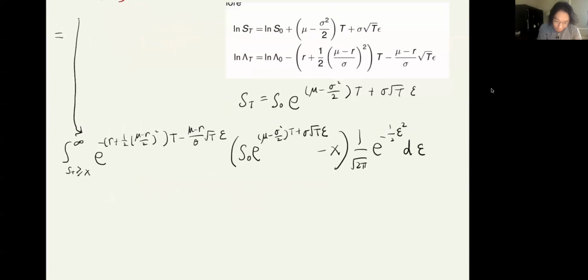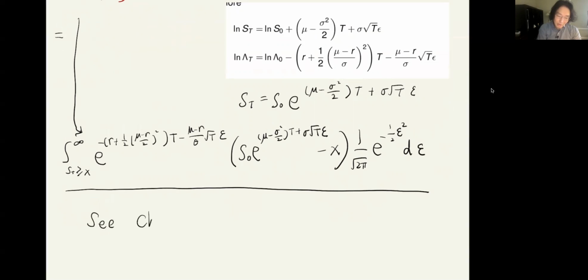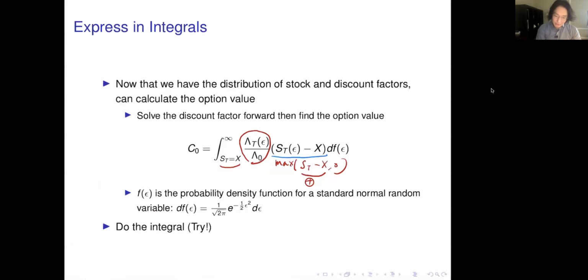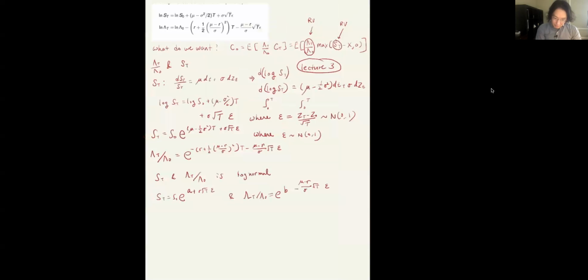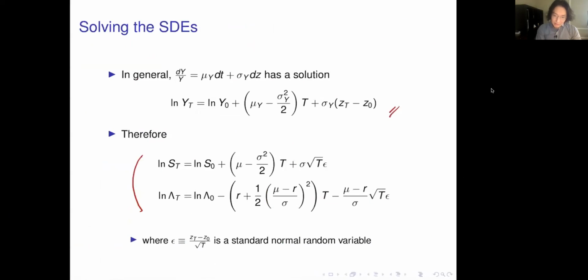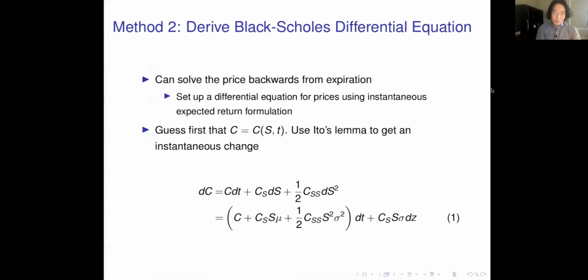Now the question is how to solve this integral here, and the detailed calculation is basically done in Cochrane chapter 15.2, I think.